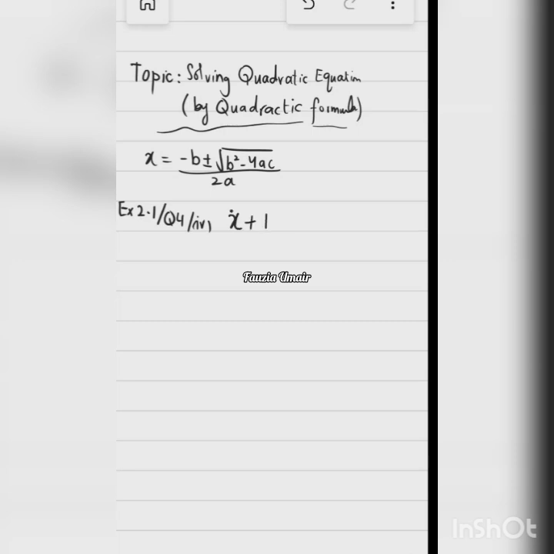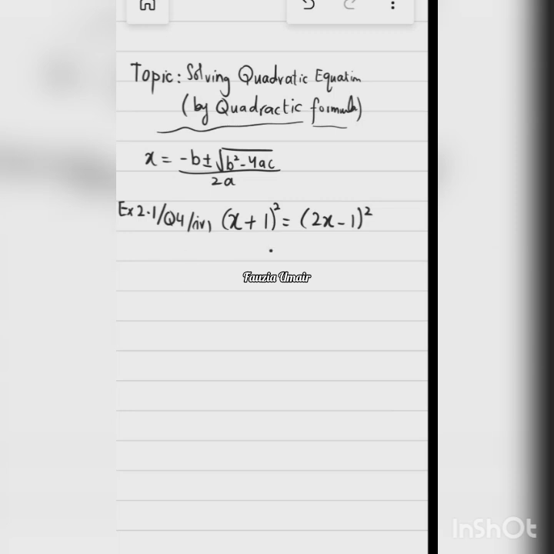Okay, the question is: x plus 1 whole square is equal to 2x minus 1 whole square. So how should we start? Can you recall what should be the first step?